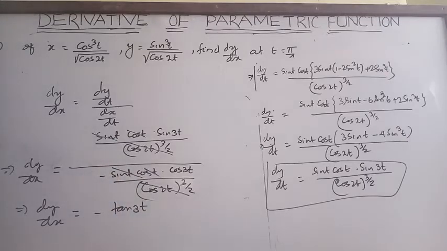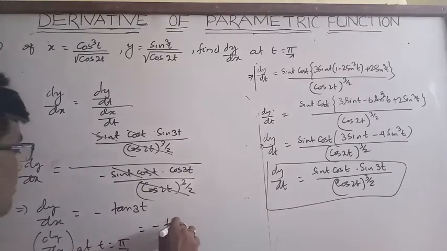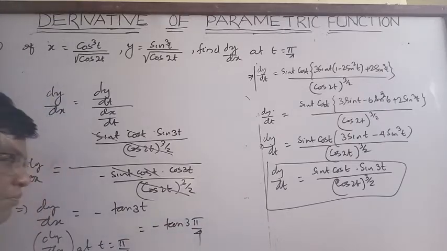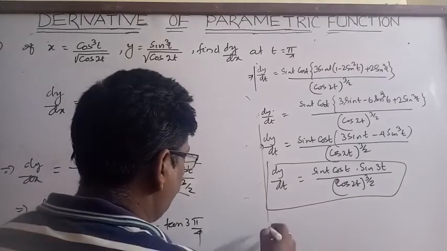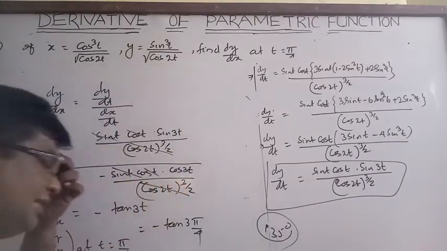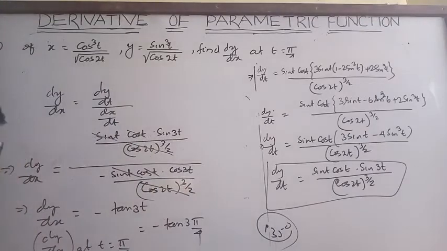Dy by ds at t is equal to pi by 4. So minus tan 3 pi by 4. 3 pi by 4 means 135 degrees, which quadrant does it lie in? Second quadrant, so negative.